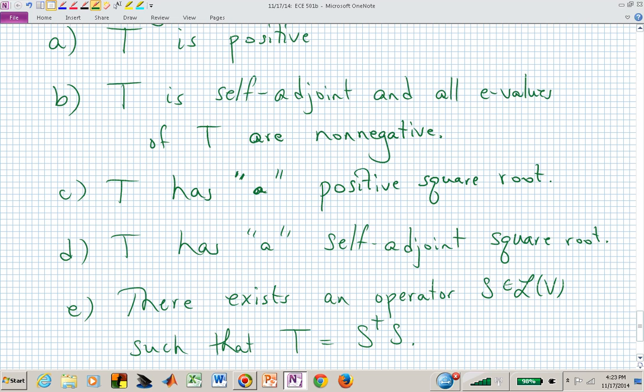Or maybe you've seen that one of these statements is true, now all the others are true.